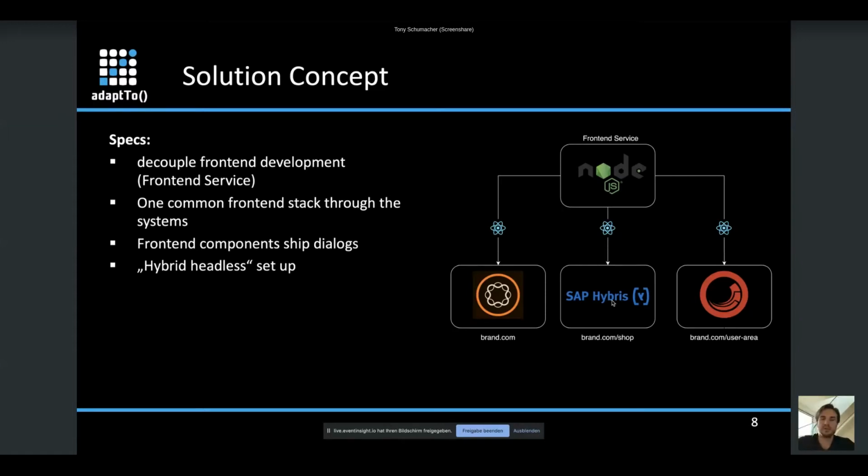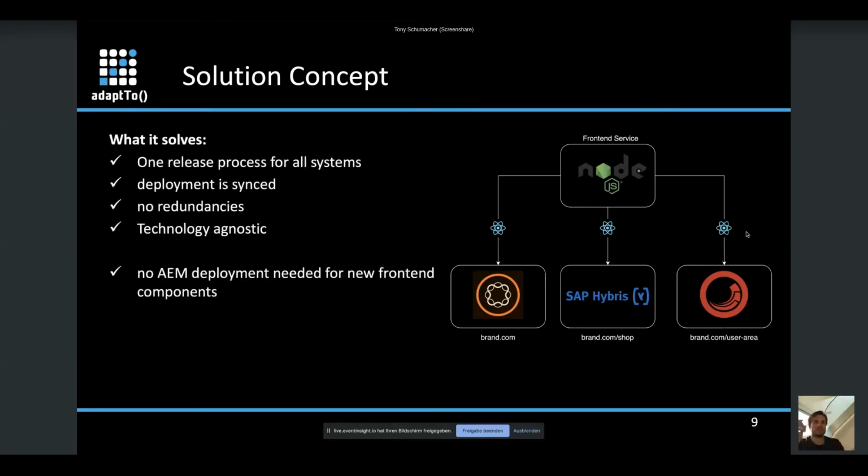So now we have one place, one front-end service, where a dedicated team develops all components which are used in all of those brands. And we have one common technology. In that case, it was React, because this is what the company was already using. But you could also use something else. You could use normal JavaScript implementations, Angular, Vue.js. It doesn't actually matter. It's technology agnostic.